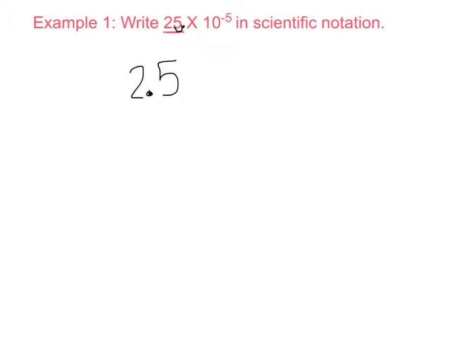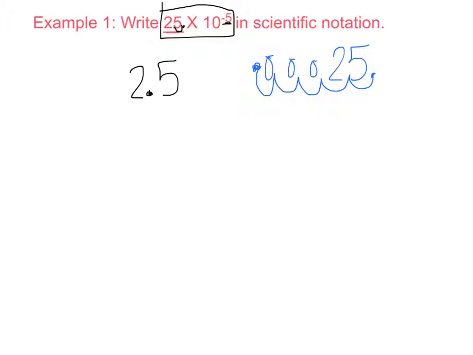However, if I were to write the original number in standard form, I would technically move the decimal 5 places to the left. I add my zeros for my extra spaces, but I moved my decimal to here, as you can see. Really, how many places do I move? 1, 2, 3, 4.